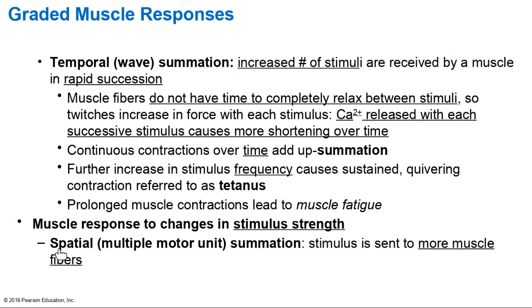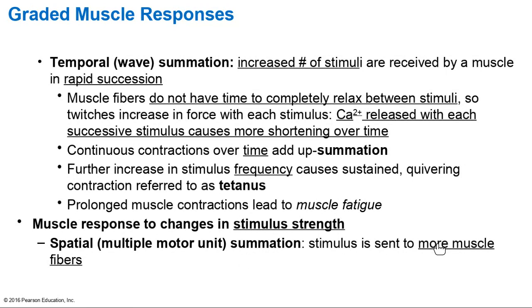Okay, so again, think of temporal wave summation like, let's say, for example, you have one muscle cell and you're having one motor neuron give a lot of action potentials to that one muscle cell. That's temporal summation, right? We're having an increased number of action potentials on that one muscle fiber in a short period of time. Spatial summation is when, let's say, you have one motor neuron that's innervating several muscle fibers, a group of muscle fibers.